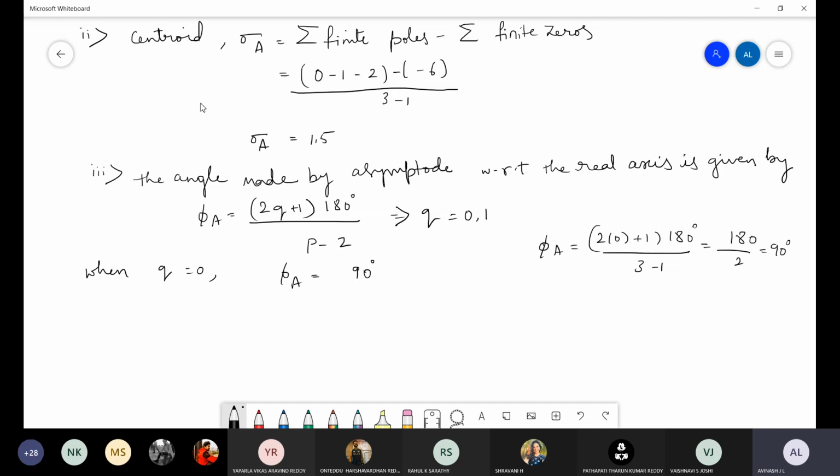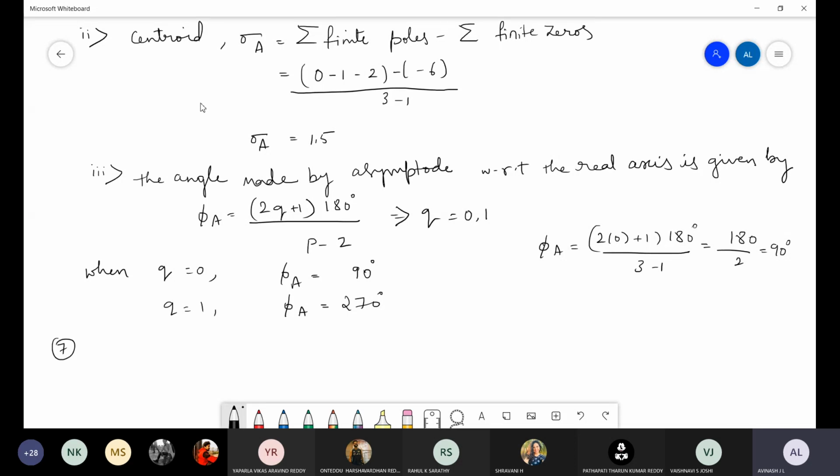So it is equal to 90 degrees. Similarly, when q equal to 1, phi a is 270 degrees. Just calculate and confirm whether we get the same.